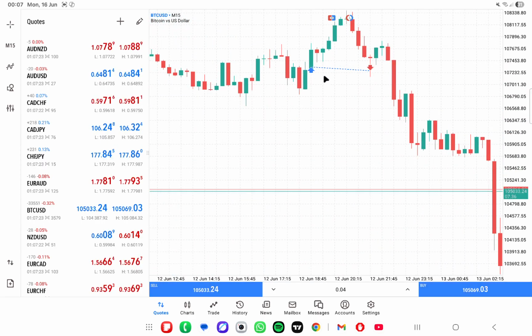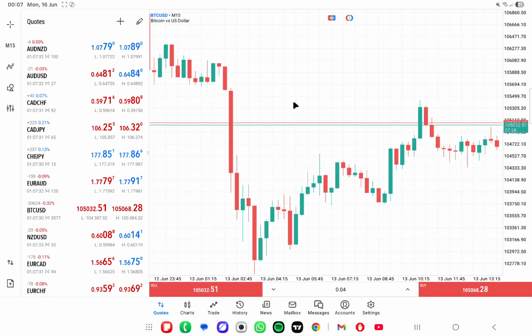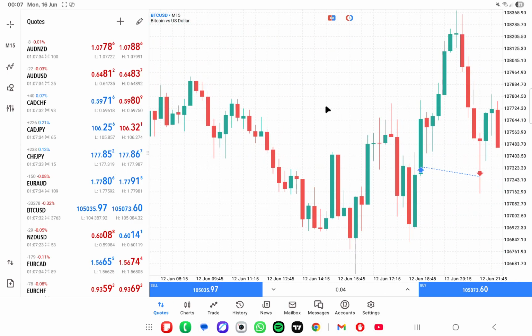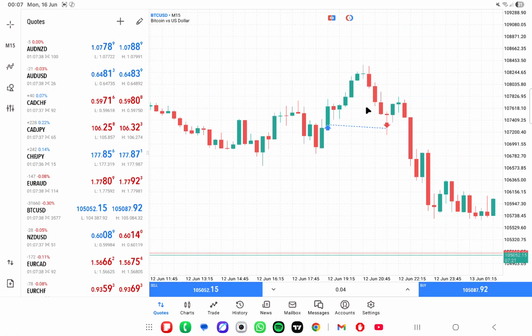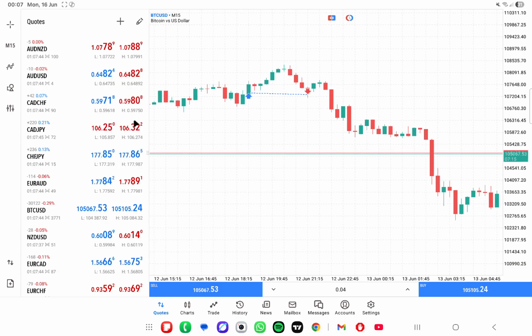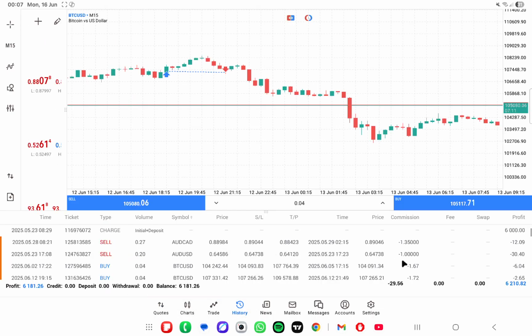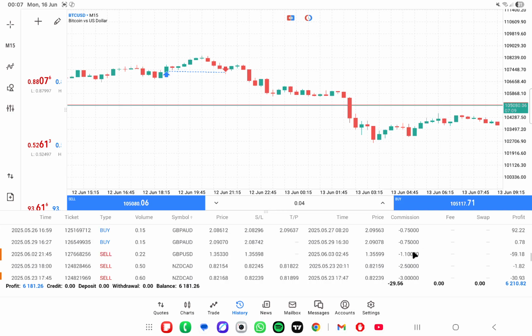I bought the market right here, hoping for a move to the upside, but then I got stopped out at break even. I closed out break even because I was really not confident in this trade. I almost reached a 1 to 3 because my stop loss was very tight. I think my stop loss was here, so I almost reached the 1 to 3, but it was never meant to be.